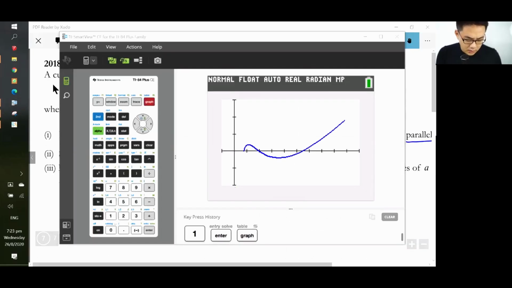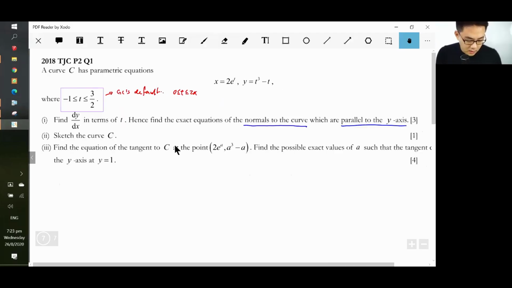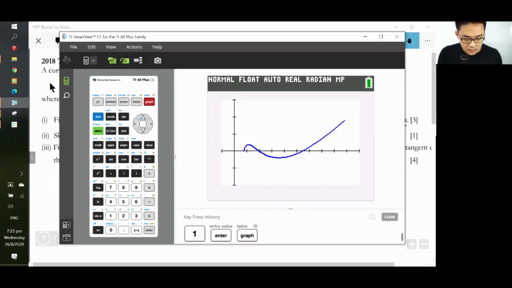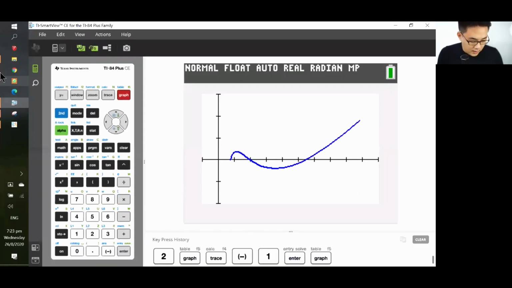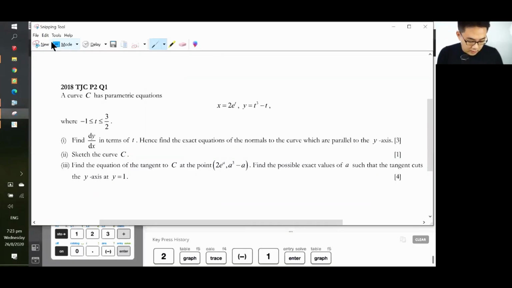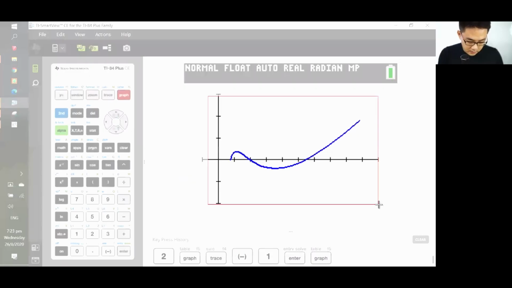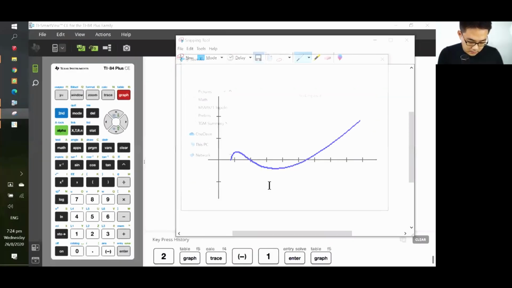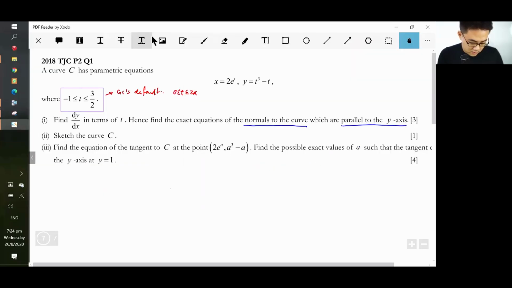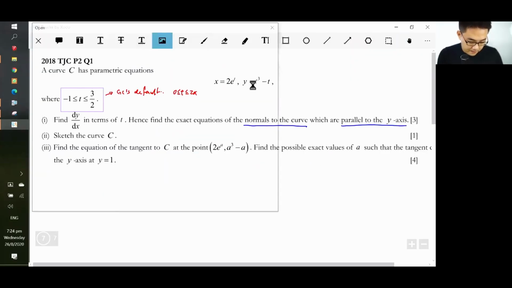Okay, so we're going to talk about this graph here. You want a normal which is parallel to the y-axis. It's just a word play. So I think I better copy this graph down, because this is important to illustrate it.